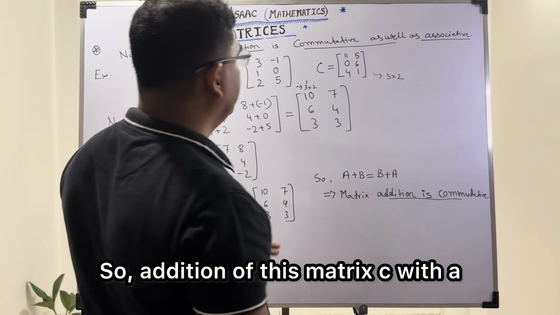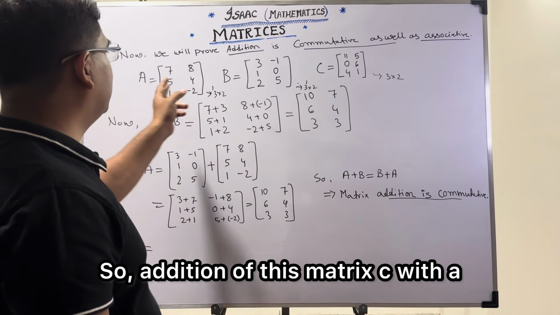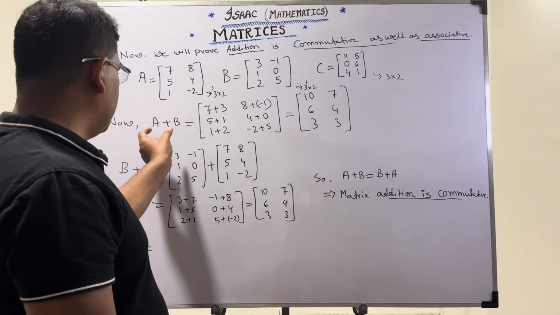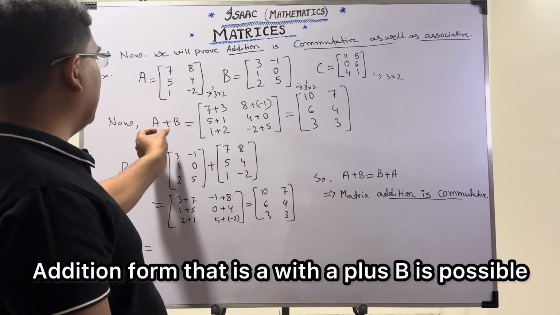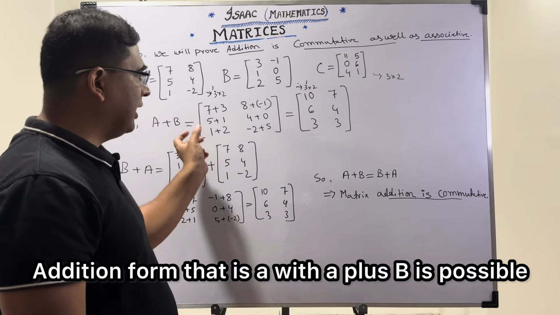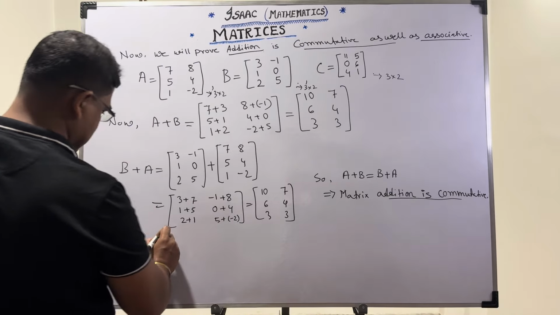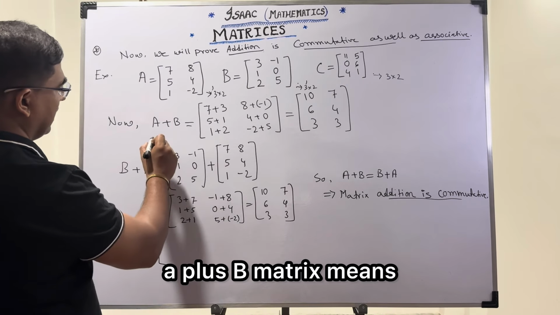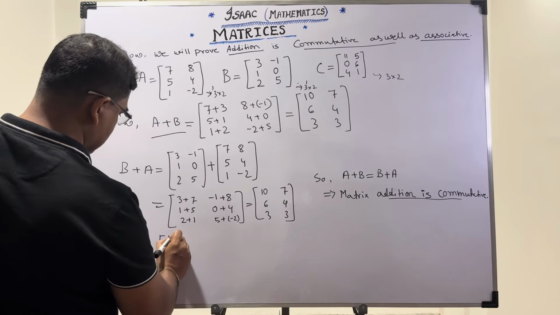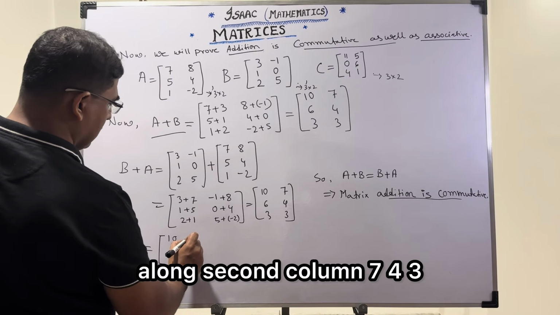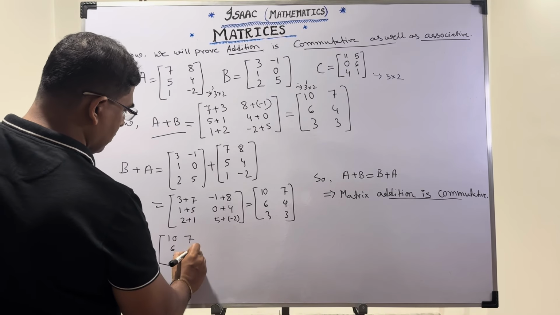So addition of this matrix C with A and B, that is, A plus B with C, is possible. That is why A plus B plus C. A plus B matrix means along first column 10, 6, 3, along second column 7, 4, 3.